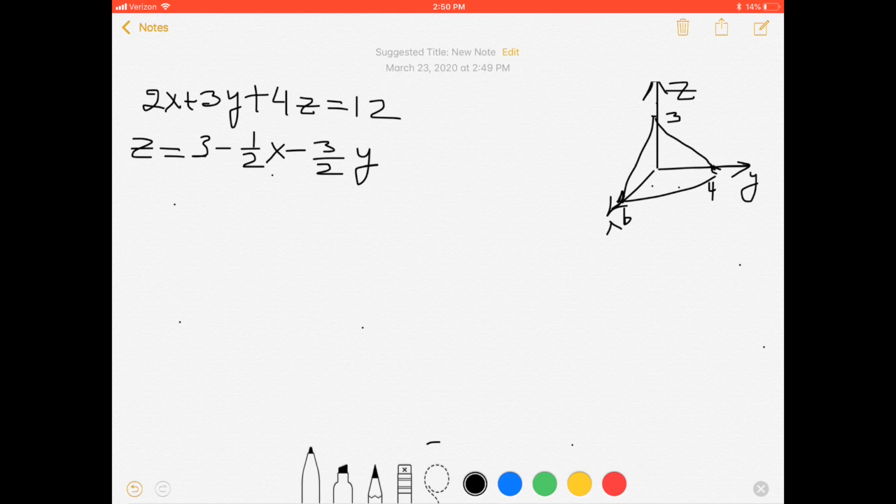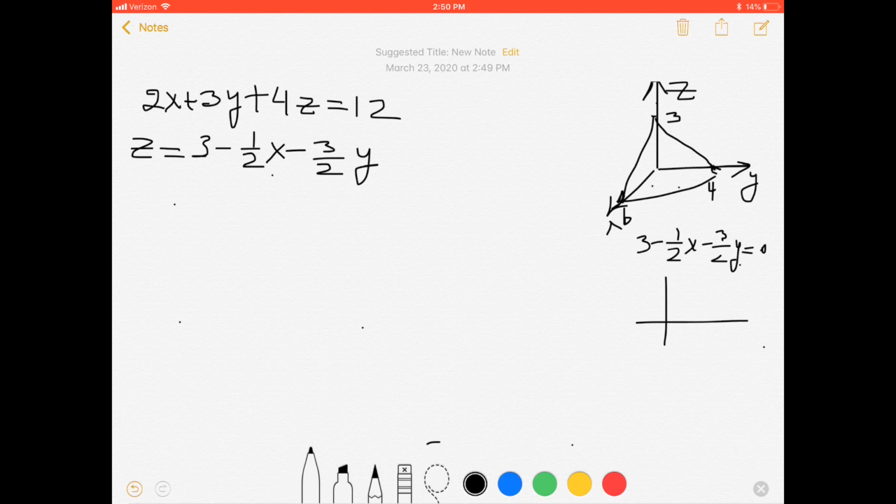But now I need to see what happens with the xy plane. Because we're solving for z, this means we're doing our integral over the region in the xy plane. Okay. If we need the region in the xy plane, this means z equals 0, and we have 3 minus half of x minus 3 halves y equals 0.